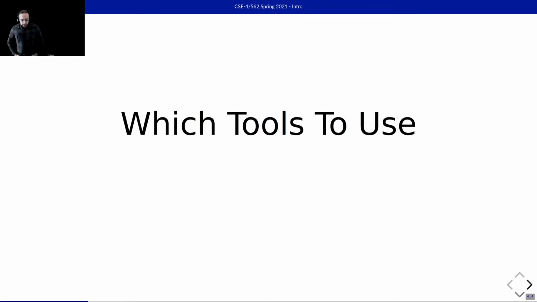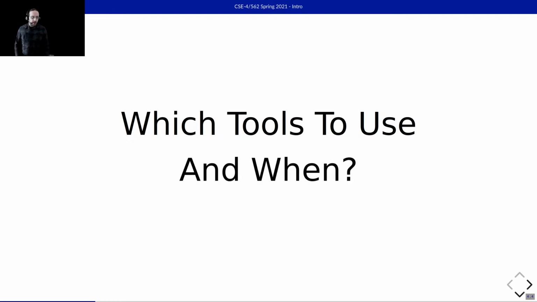Under the hood, we have all of these tools available to us. So the real question is, which of those tools are right for the current situation? I have a specific problem I need to solve, a specific set of constraints on my design. Which of these tools that you've picked up throughout your entire CS career are appropriate, and when should you use them?